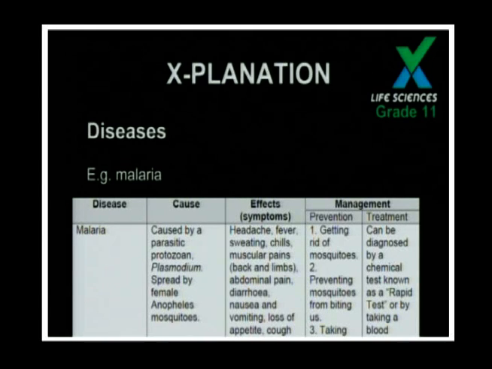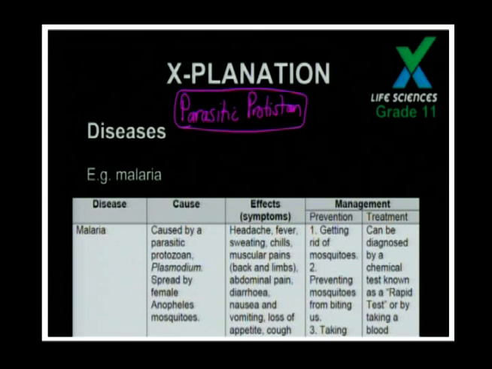A very, very interesting example of a protistan that we are going to look at is one that causes a disease. Now, this disease-causing organism is a parasitic protistan. This parasitic protistan causes the disease called malaria.